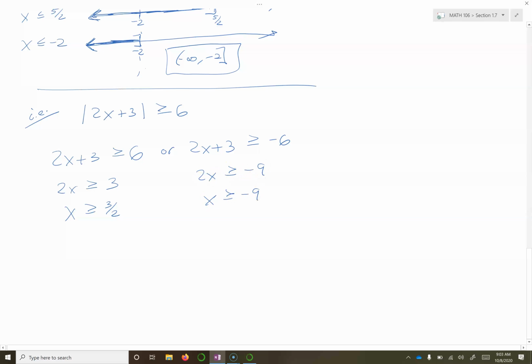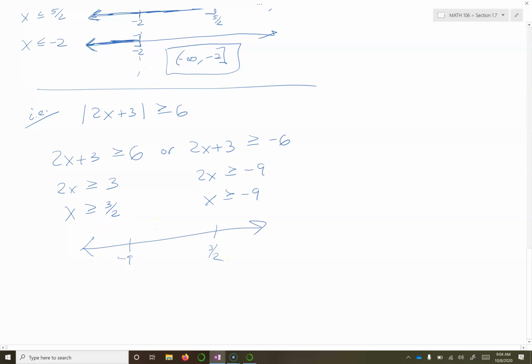Okay? So I don't know if you could pick this out, right? If we're doing x is greater than or equal to negative 9, and then x is greater than or equal to 3 halves, the only thing that coincides is when x is greater than or equal to 3 halves, right? When you think about the number line, here's negative 9, here's 3 halves.